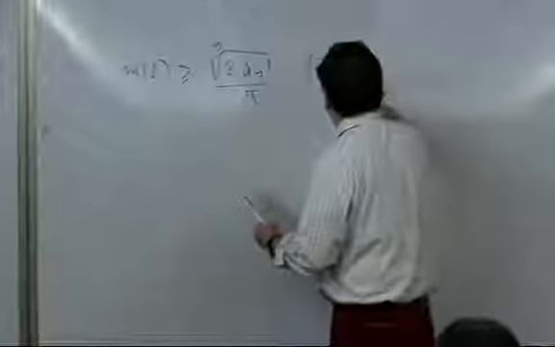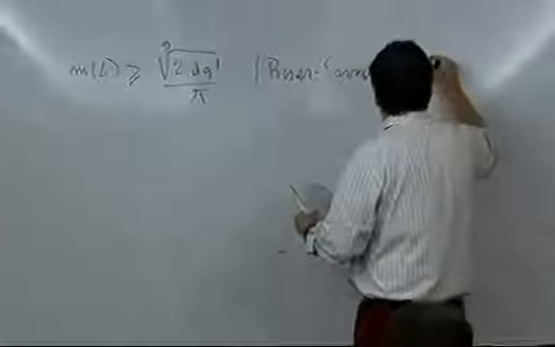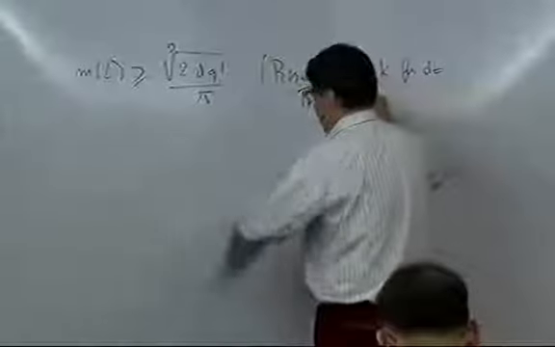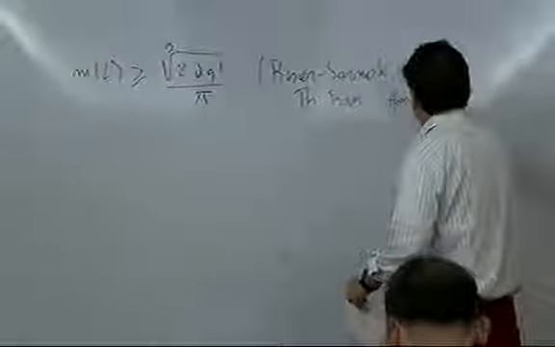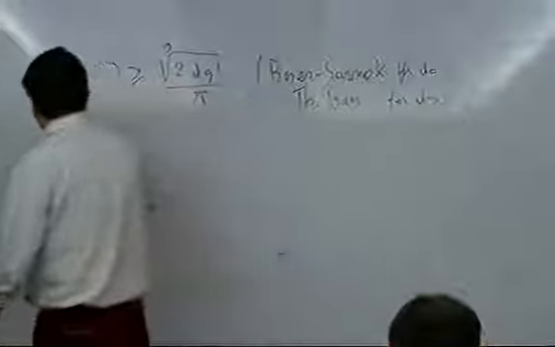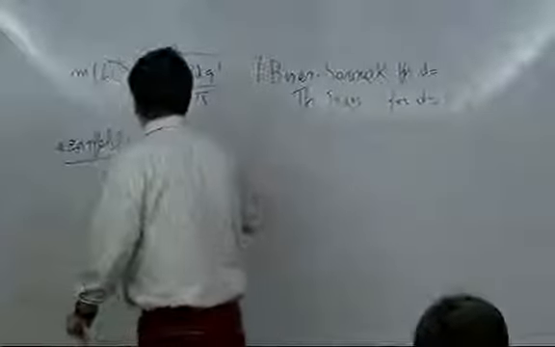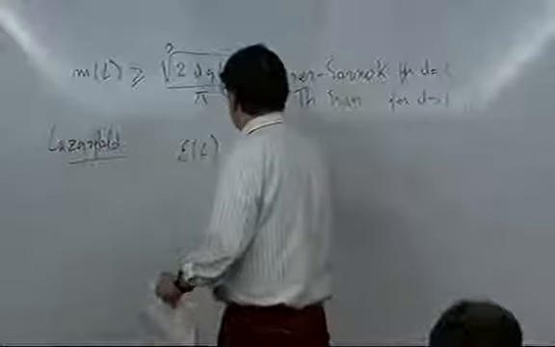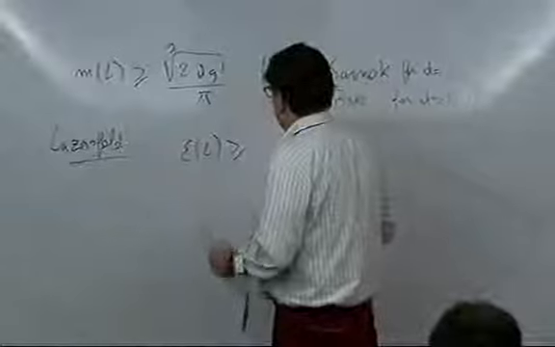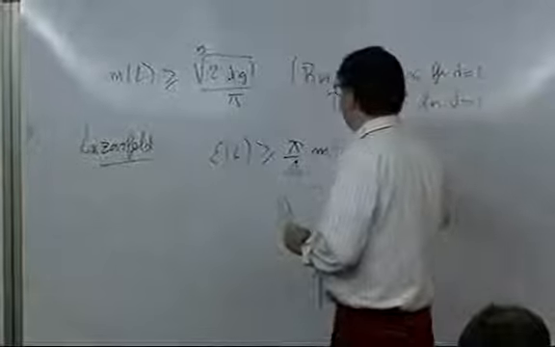This is due to Buser-Sarnak for principal polarizations, and to Thomas Bauer in general. And then there is another theorem of Lazarsfeld which compares the Seshadri constant to the Buser-Sarnak invariant. So the result is that the Seshadri constant is bigger than pi over 4 times the Buser-Sarnak invariant.